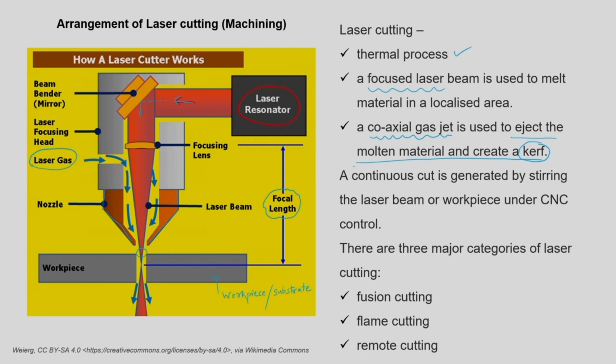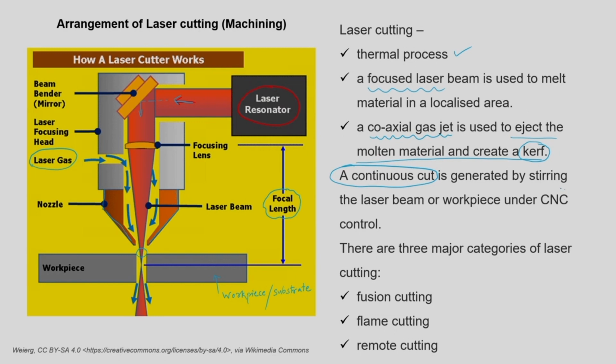Now, how do we get the continuous cut? To get a continuous cut, you have to have relative motion between the laser beam and the workpiece. So, either you move the workpiece in the XY plane or you move the laser beam in the XY plane.